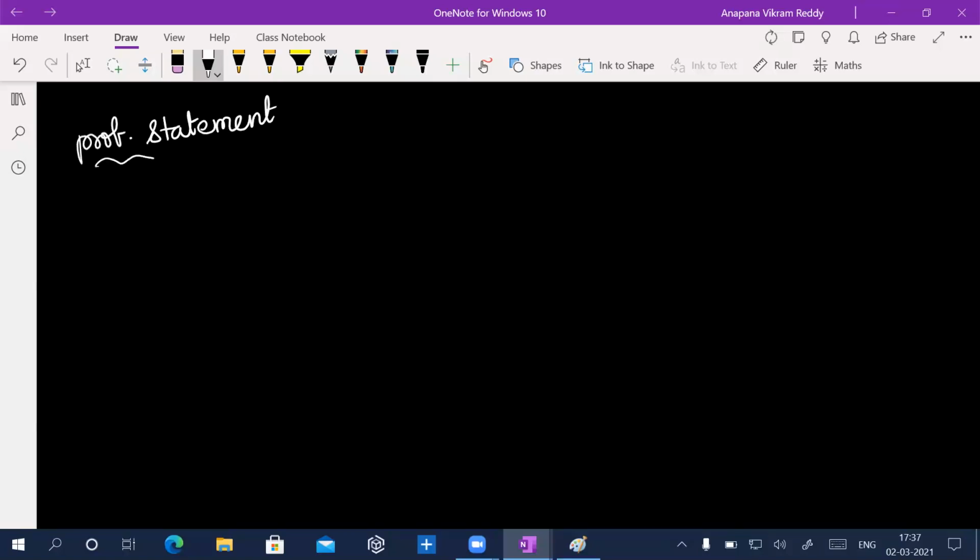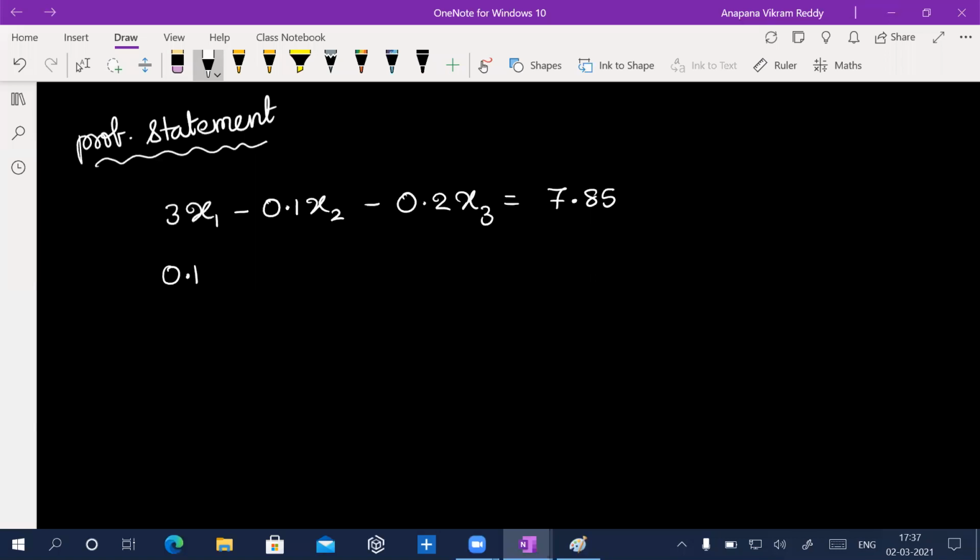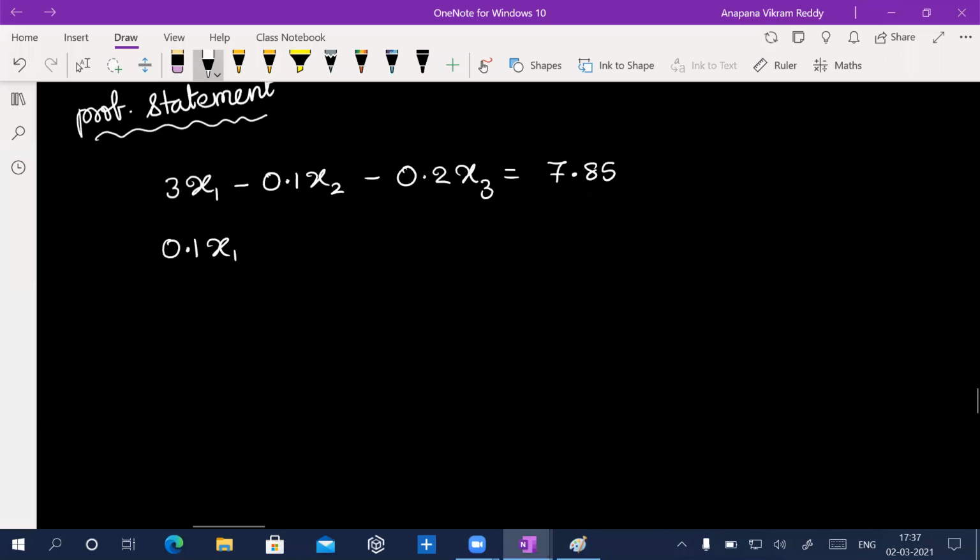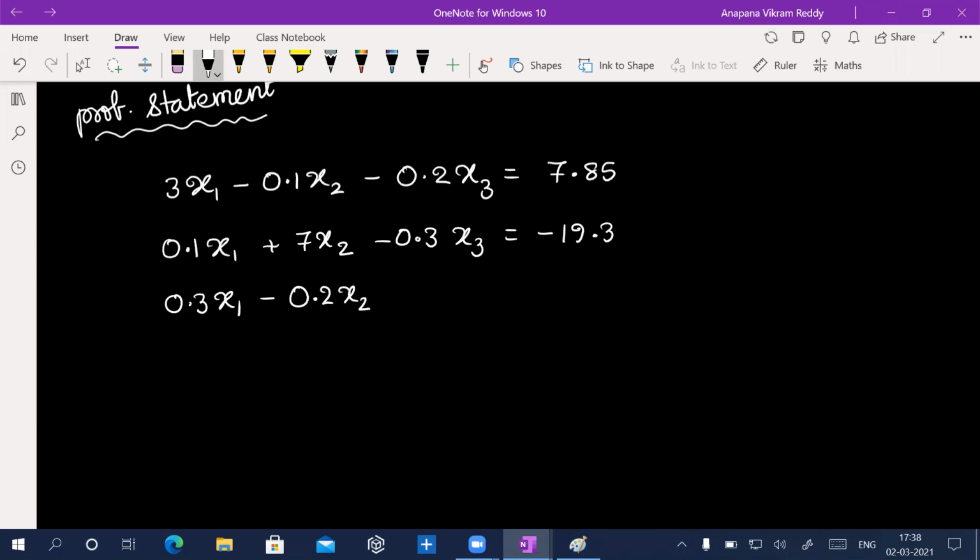So I would say like this: use Gauss elimination to solve. You have 3x1 minus 0.1x2 minus 0.2x3 is 7.85, and then you have 0.1x1 plus 7x2 minus 0.3x3 is negative 19.3, and then you have 0.3x1 minus 0.2x2 plus 10x3 equal to 71.4.